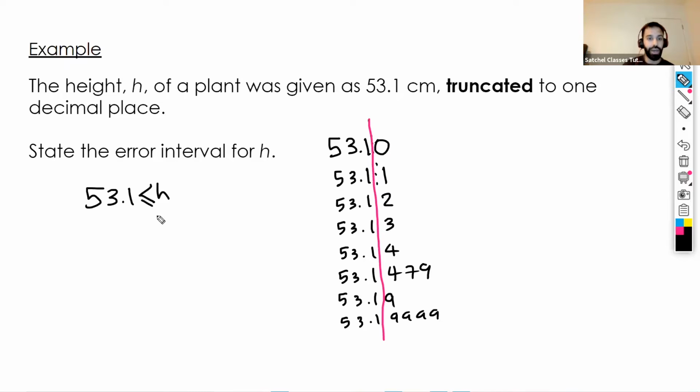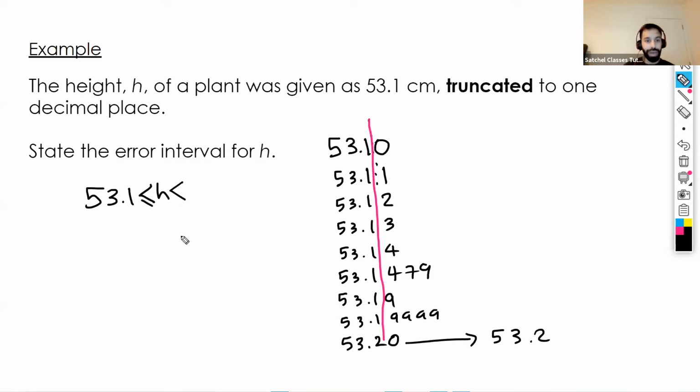This is the standard format in which we write error intervals. And the maximum possible height would be 53.1999. It can't, however, be 53.20 because this number truncated to 1 decimal place would be 53.2.